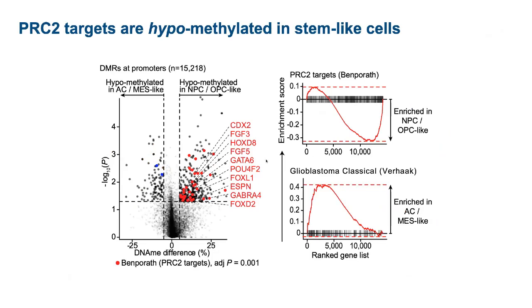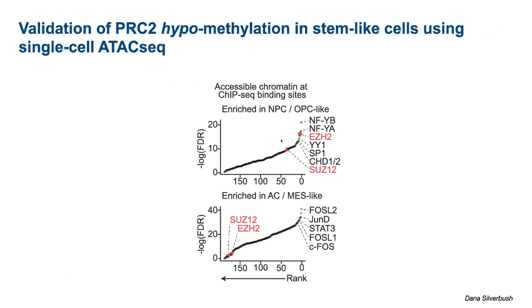Then the direct comparison of the DNA methylation profile across cellular state revealed that polycomb repressive complex 2, PRC2 target, are hypomethylated in stem-like state, leading to the activation of important transcription factor and HOX gene that are specifically under the control of PRC2.